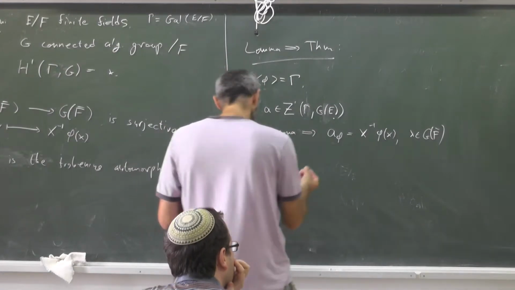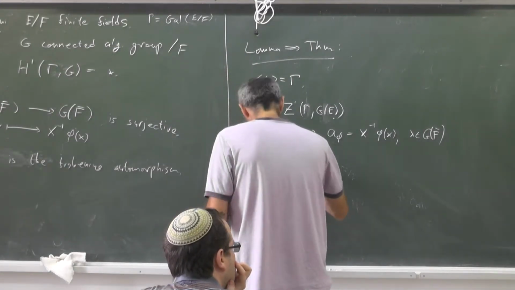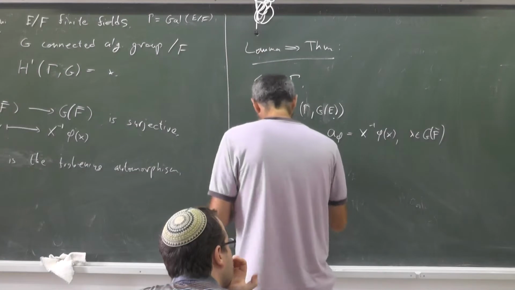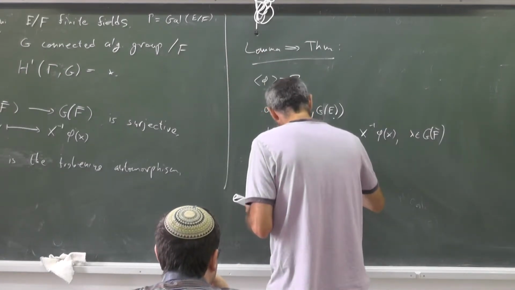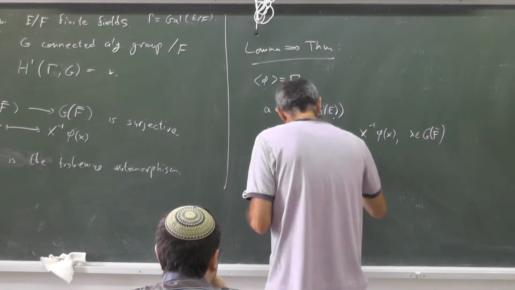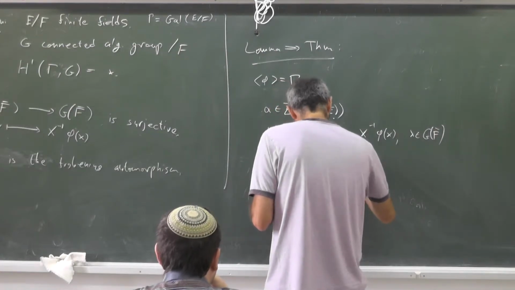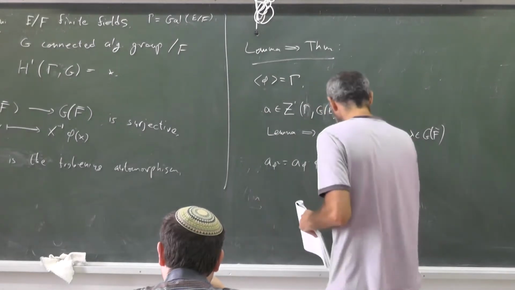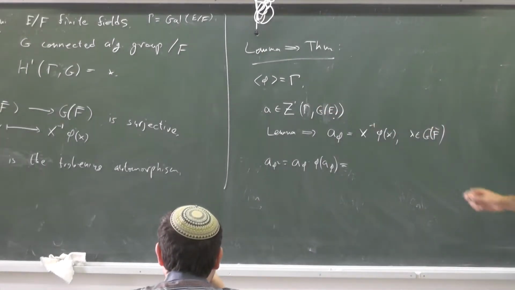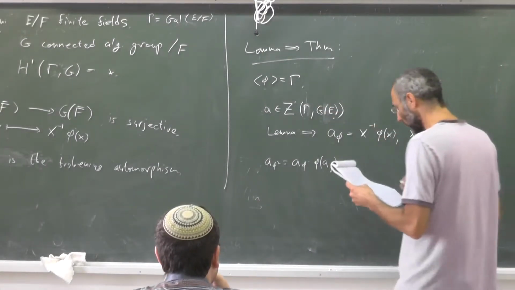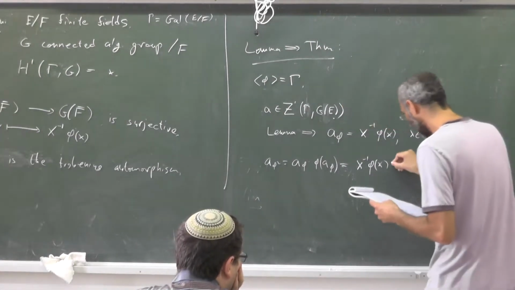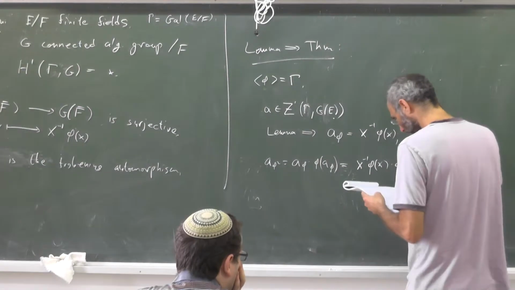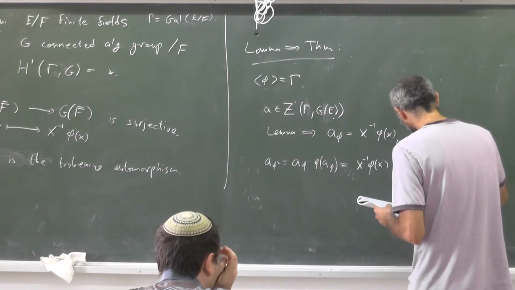And now, let's do this simple computation. Let's look at what a phi squared is. The cocycle equation tells me this is a phi times phi of a phi. Let me now substitute: this is a phi times phi of x inverse phi x, right?